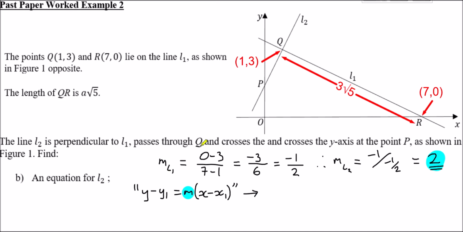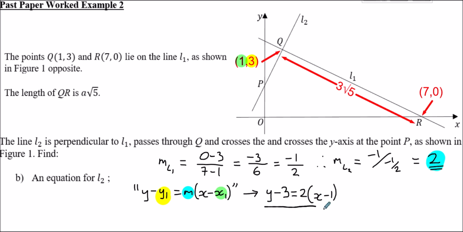Knowing that it passes through Q, we know a known y-coordinate on the line L2 is 3, and a known x-coordinate is 1. So just substituting in these values, we have y minus 3 equals 2 brackets x minus 1.